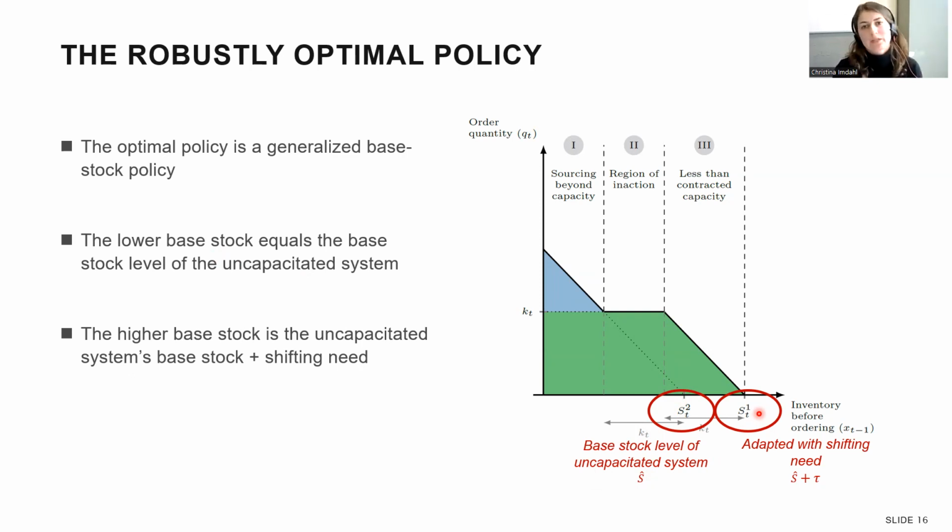And that shifting need tells us exactly how much from future periods we want to shift to that current period. So we will never shift more than actually we have shifting need for it. And if current inventory position allows it, we will advance orders up to that shifting need to the current period.